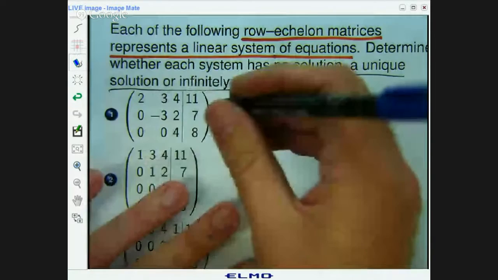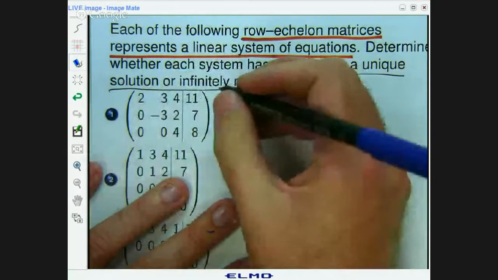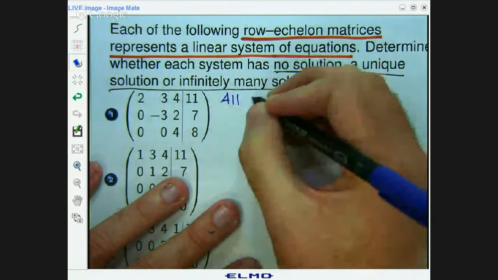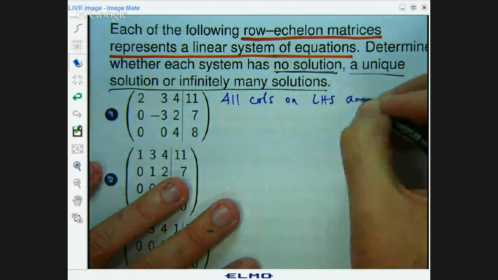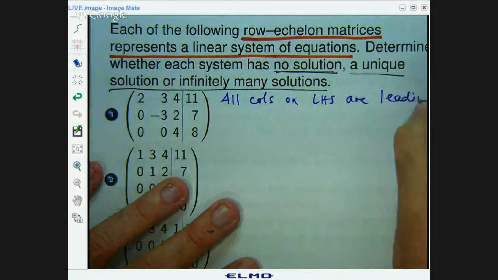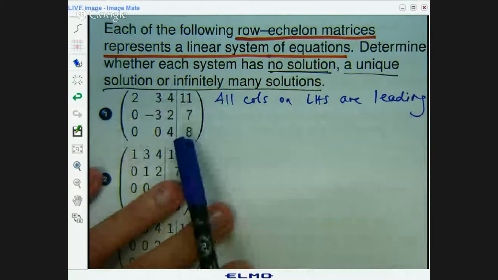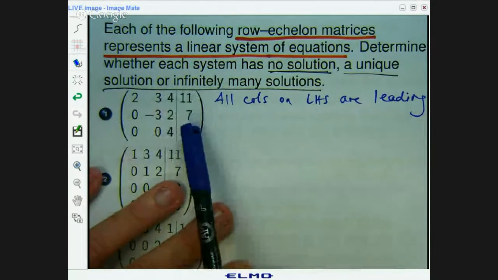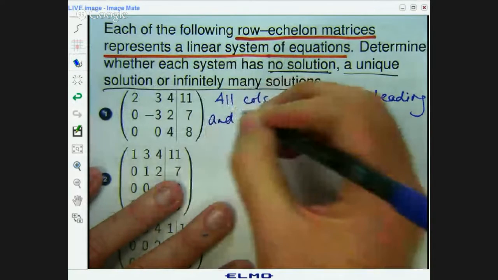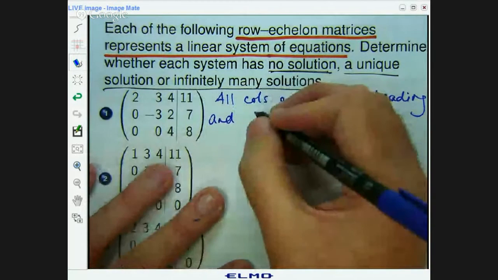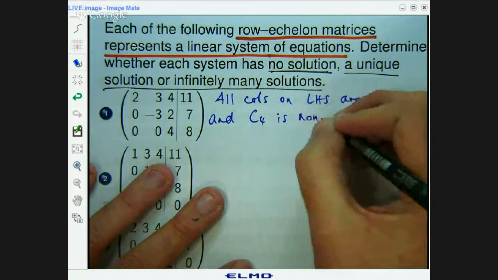All right, so all of the columns on the left-hand side are leading. And this column here doesn't contain any of the leading entries for any of the rows. So column 4 is non-leading.